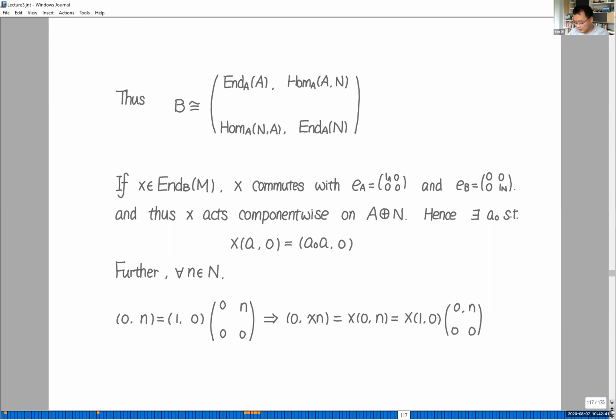That's the same as x acting on (0, n), because it acts component-wise, which is x times (0, 1) times this off-diagonal matrix. But we already know that x acts on the first component by multiplication by a_0, so that's a_0 times this element. So in particular, the action of x on both components is just left multiplication by a_0.